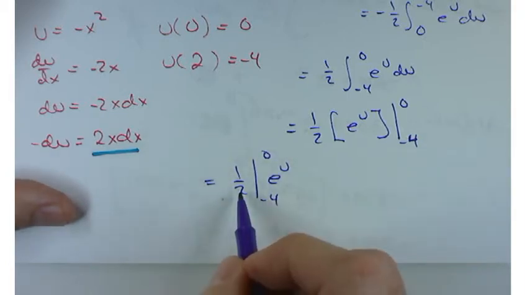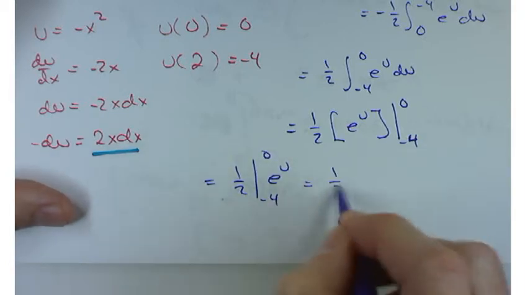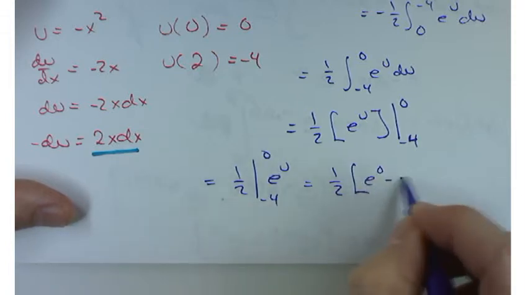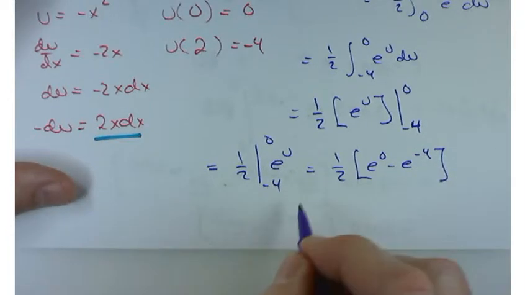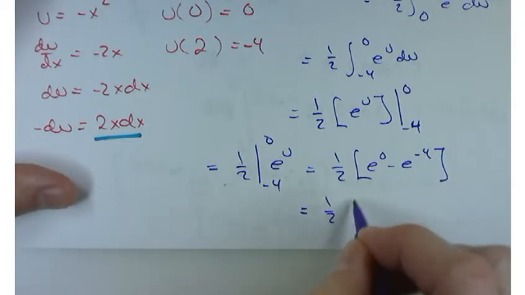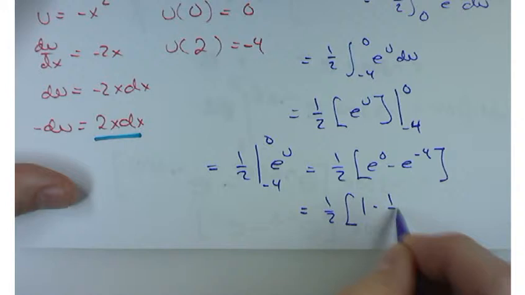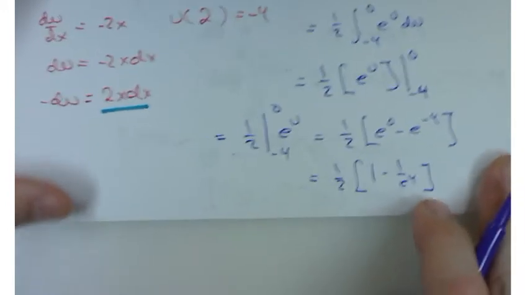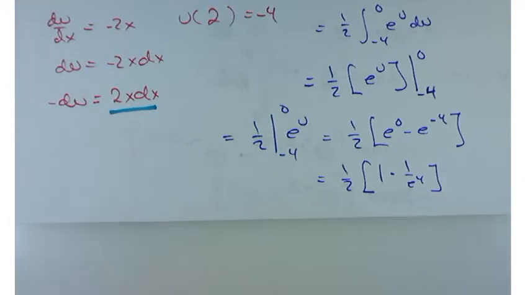I like to put the constants out in front and just keep them out front. So it's going to be e to the 0 minus e to the negative 4, which is 1 minus 1 over e to the 4 times 1/2. So this is the average value.